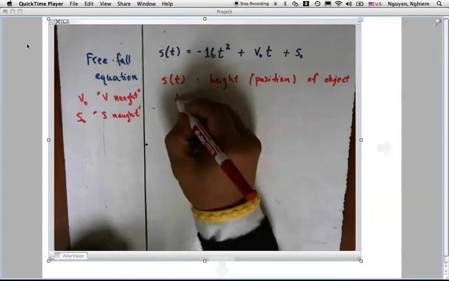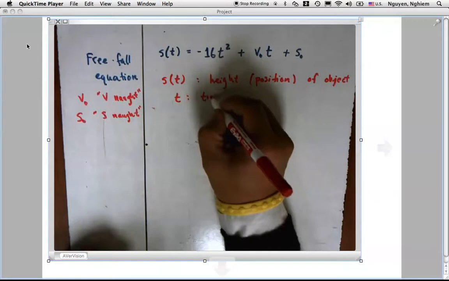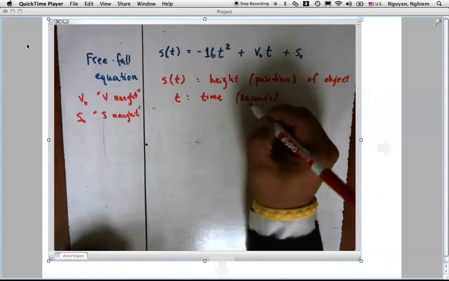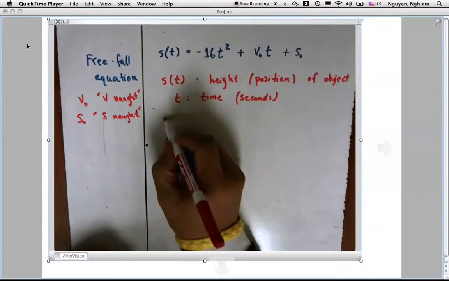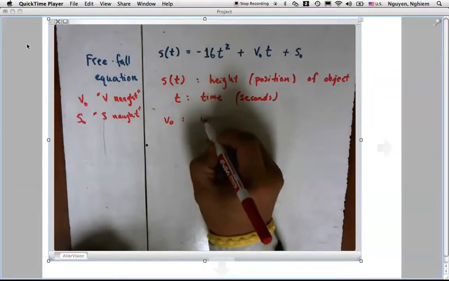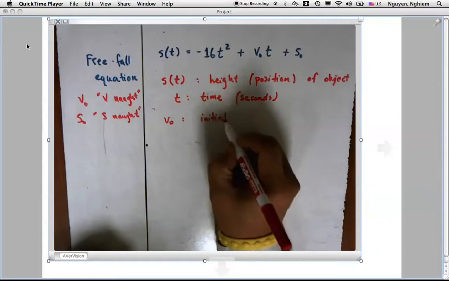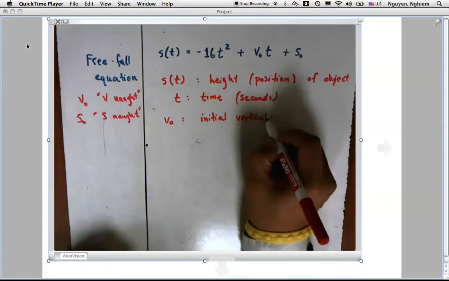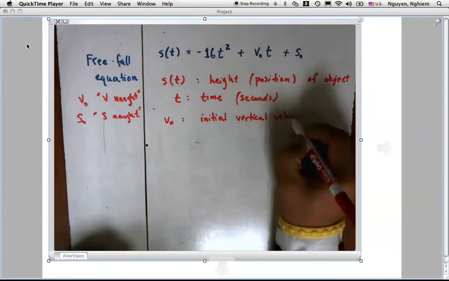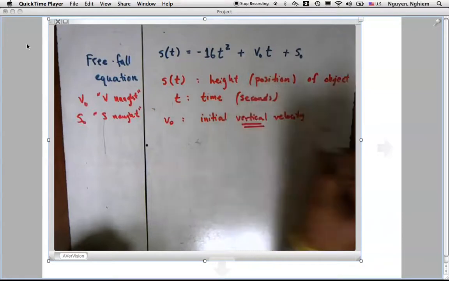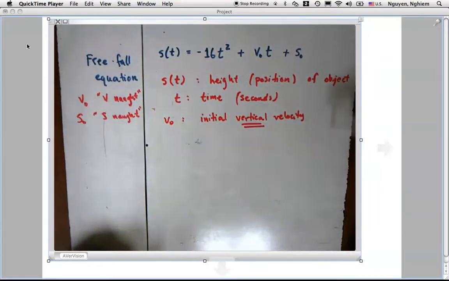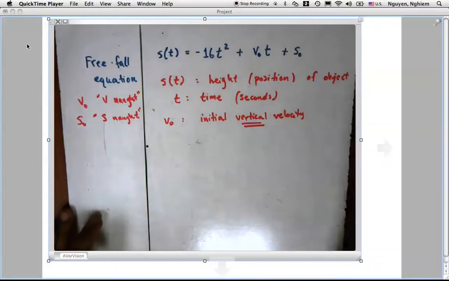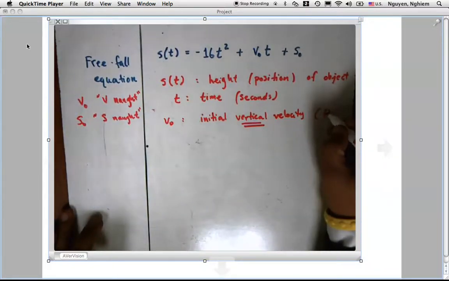T is of course time, and this is measured in seconds. V naught is the initial velocity, and I want to make one thing very clear, it is the initial vertical velocity. So it's how fast it was going upwards or downwards when the object first started moving. And this is measured in feet per second.